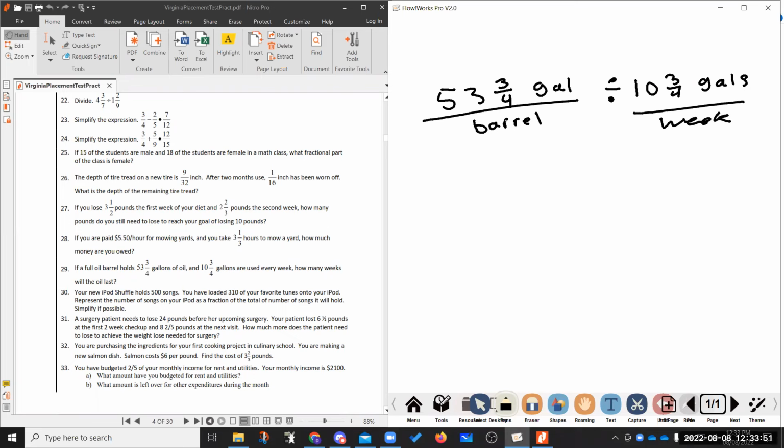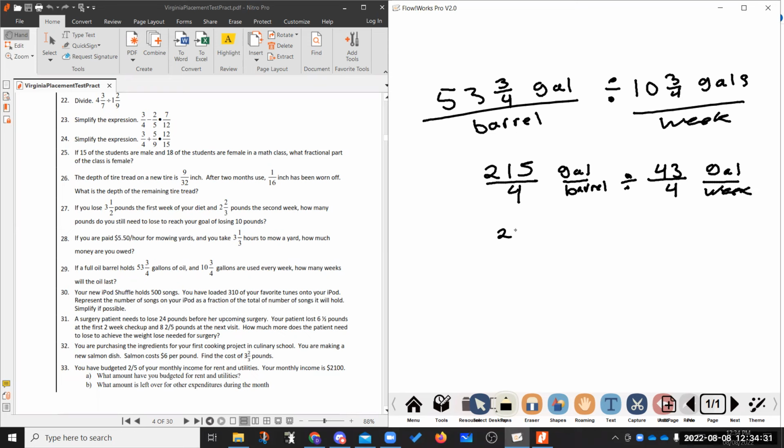So let's make these some improper fractions here. So this is 212 plus 3 is 215 over 4 gallons per barrel, let's just leave it divided by right now, 43 quarters gallons per week.